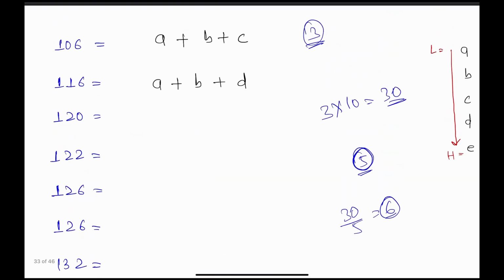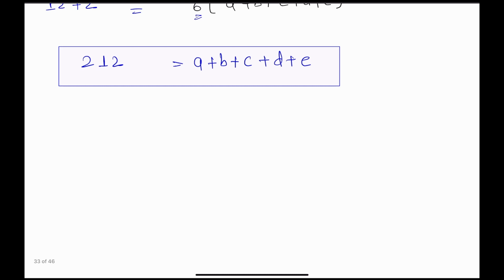In the beginning I said a plus b plus c is 106. If we put this value 106 over here, what is d plus c? So d plus c will be 212 minus 106.